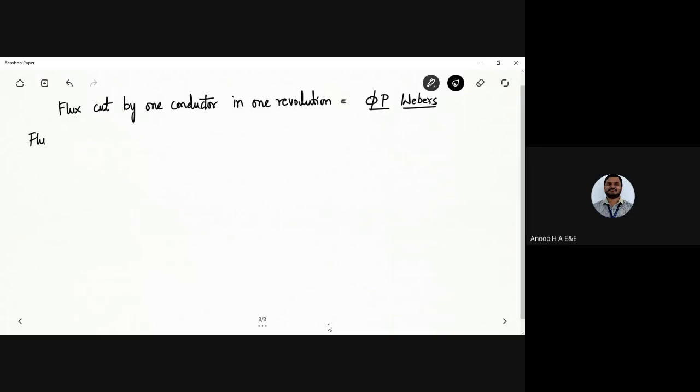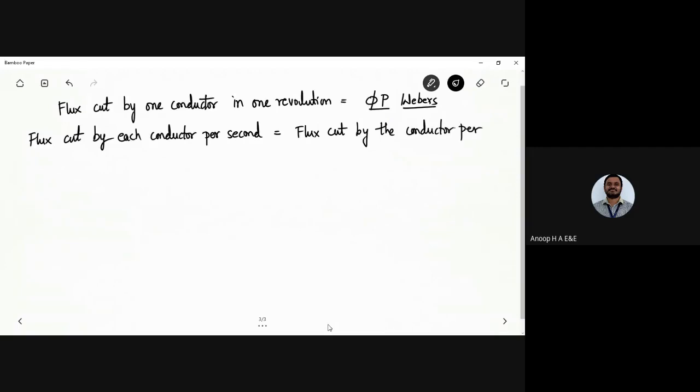Next, the flux cut by each conductor per second is equal to the flux cut by the conductor per revolution into the number of revolutions of the armature per second.